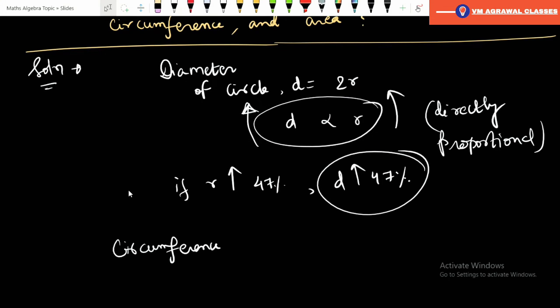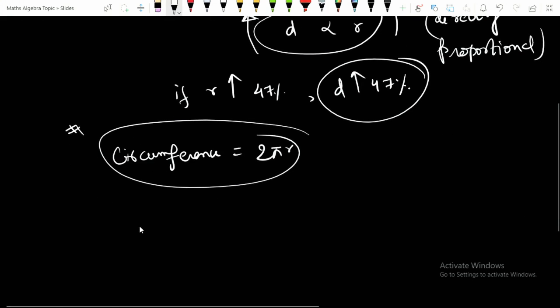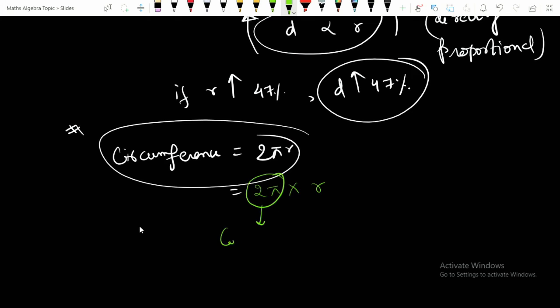What is the formula of circumference? Equals 2 pi r. This is the formula of circumference. So here also, what you can see, that is 2 pi into r. So here 2 pi is constant, so we have no tension of it increasing or not, because it is a constant term.